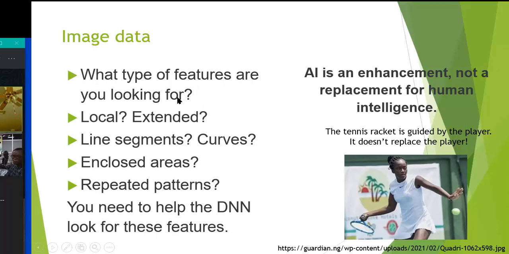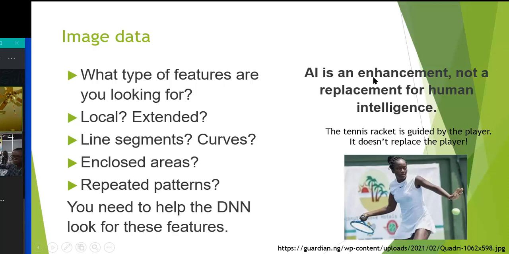So you should ask, what type of features are you looking for? If you're looking for an elephant, you should think about the characteristics of every feature. Are they local? Are you looking for local structures? Are you looking for extended regions of the same color? Are you looking for repeated patterns? Are you looking for enclosed areas? You need to help the deep neural network look for these features.